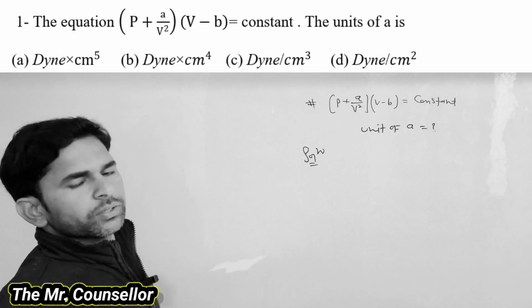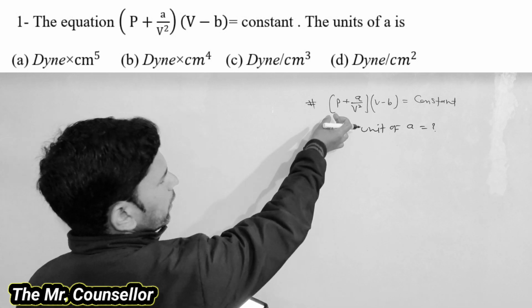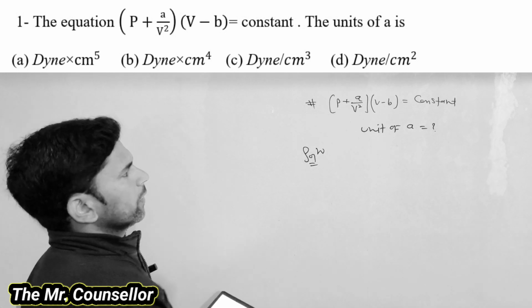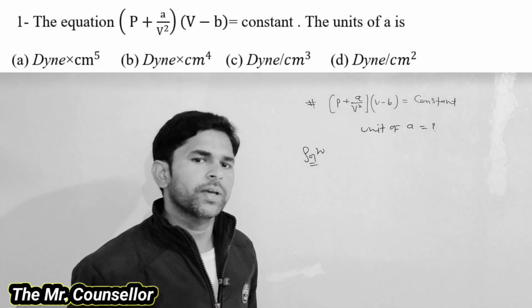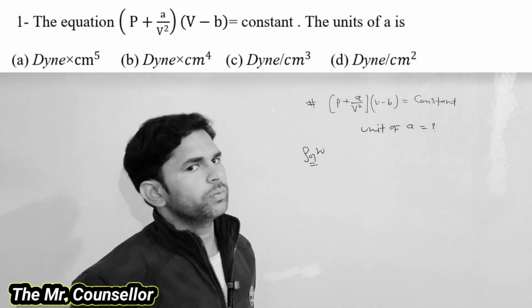According to the homogeneity rules, the unit of P, which means pressure, is equal to the unit of A upon V square. If they ask for the dimensional formula, we apply the same concept.